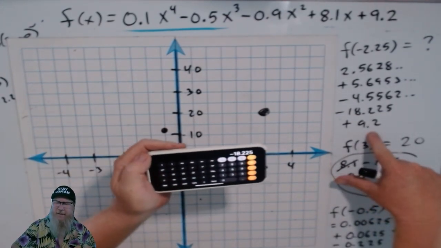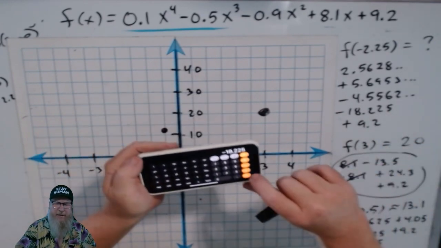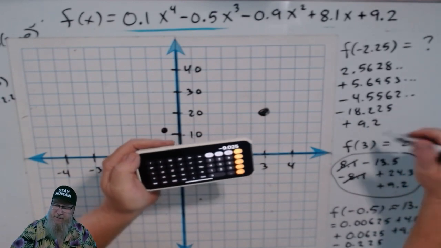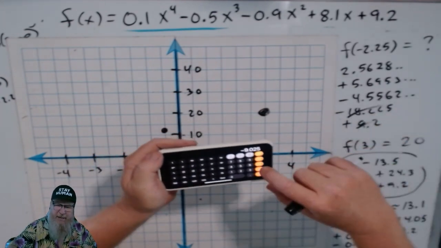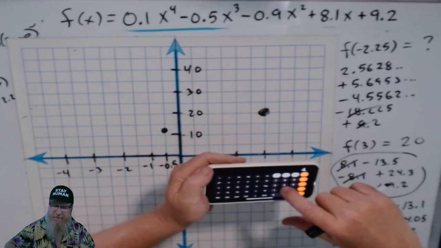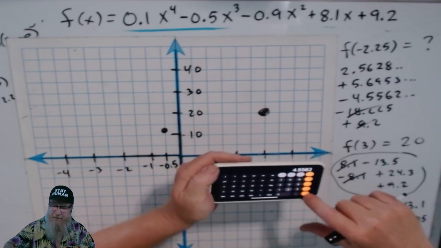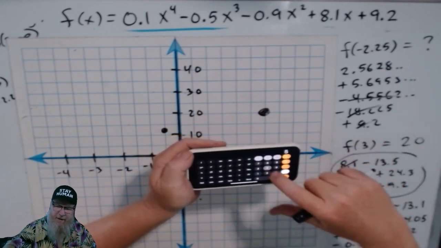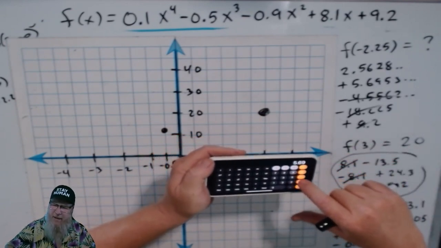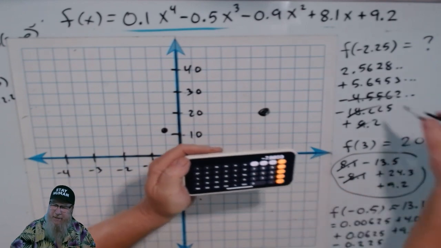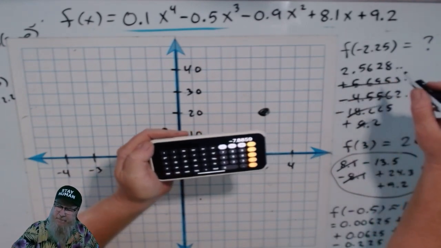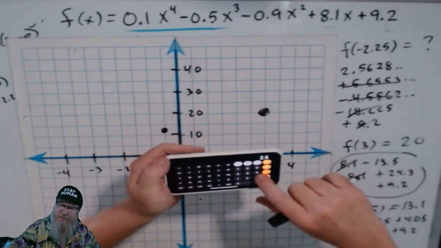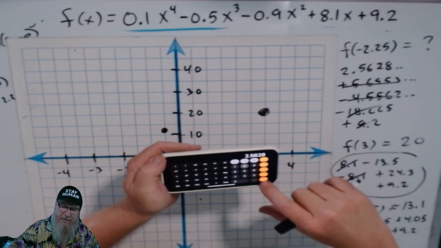So I'm just going to start adding these up. I've already got that one in my calculator. So plus 9.2. Cross them off as I go. Minus 4.5562. Plus 5.6953. Plus 2.5628.